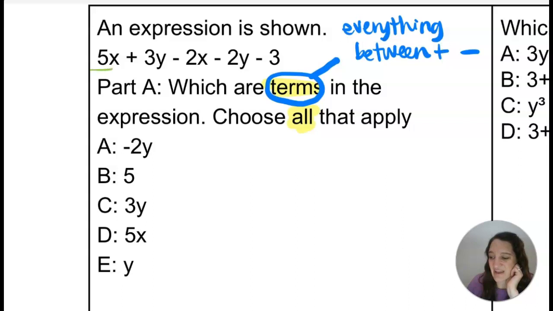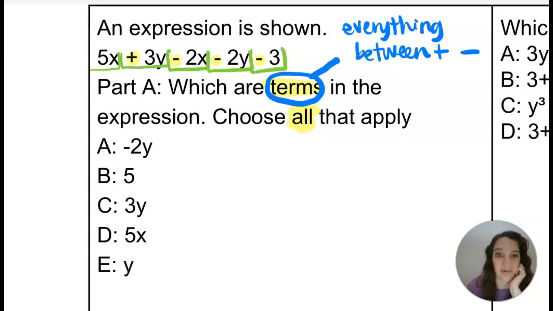So 5x, stop, is a term because there is a plus right here. So now my new term is going to be positive 3y, stop. There's a minus right there. So the next term is negative 2x, stop, because I see a minus right there. And I'm going to go till I see another plus or minus.